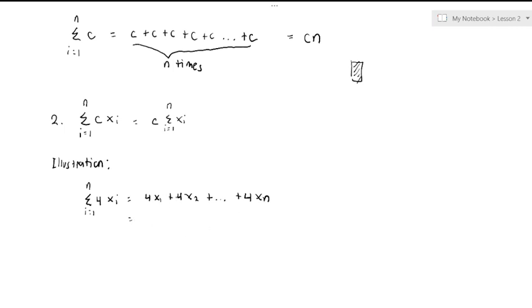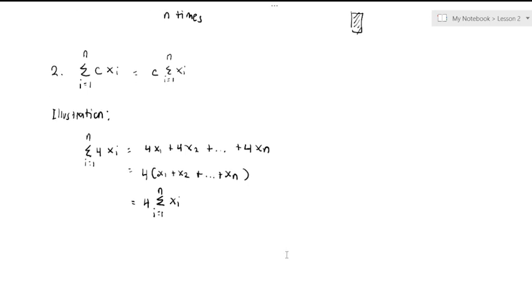And as you can see, they have common factors, kaya pwede nating ilabas yung 4, and then magiging x sub 1 plus x sub 2 up to x sub n. And kung ibabalik natin to sa sigma notation, this is 4 times summation of x sub i, i equals 1 to n. So, ito yung nasa second property.